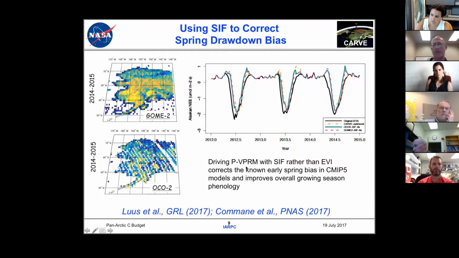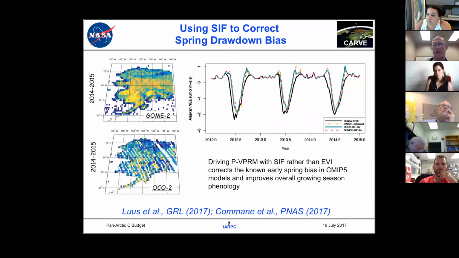And by driving the polar VPRM model with SIF rather than EVI, where the black line is the model driven by EVI, and then as you go to either the green or dashed lines, you can see there's a significant difference in the beginning of the spring uptake period, also in the beginning of the fall return or zero crossing period.